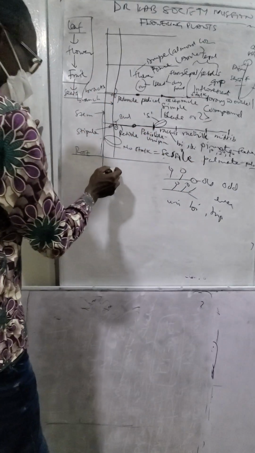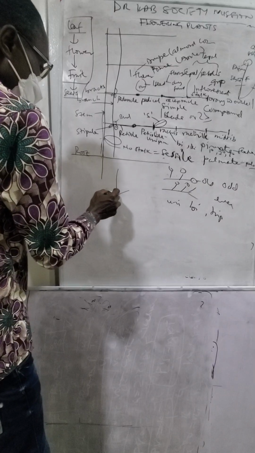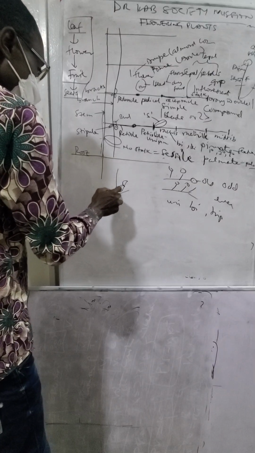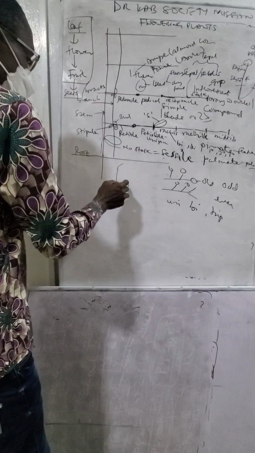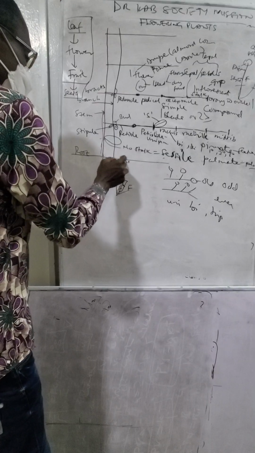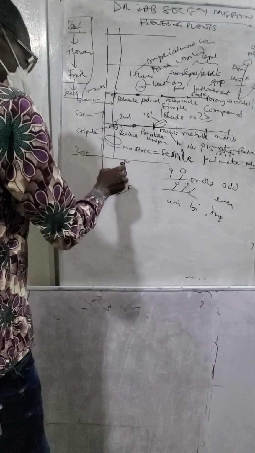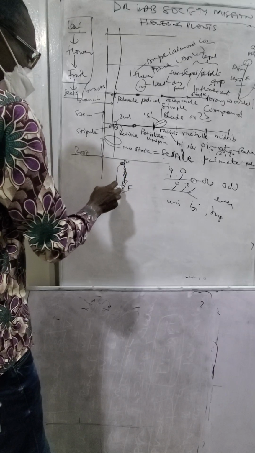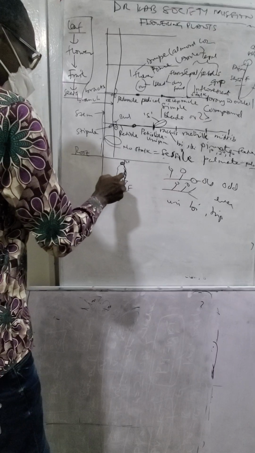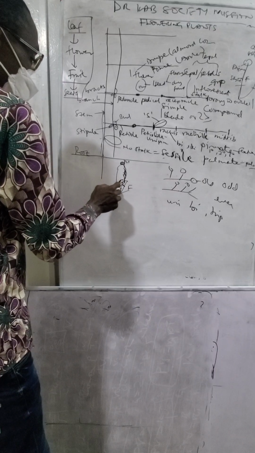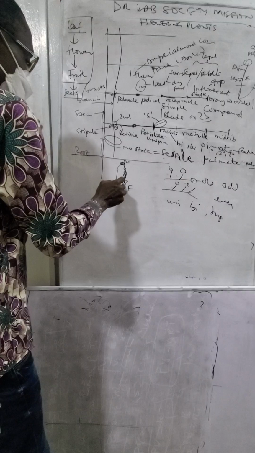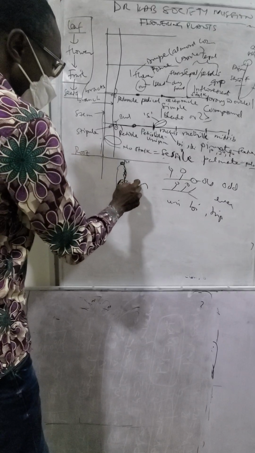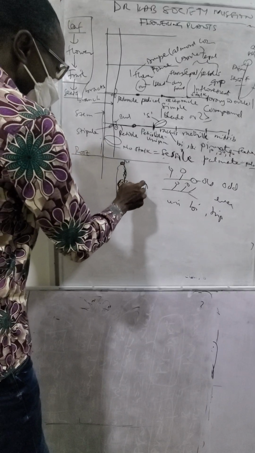Let's say this is a flower, this is the female part, this is the male part with its pollen grains. A lot of the pollen grains can fall on the stigmas, each connected to an ovule, and then you have a lot of seeds being fertilized to form the maize that you see and eat.